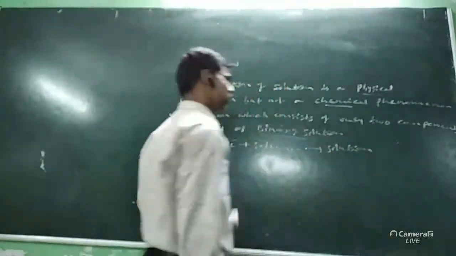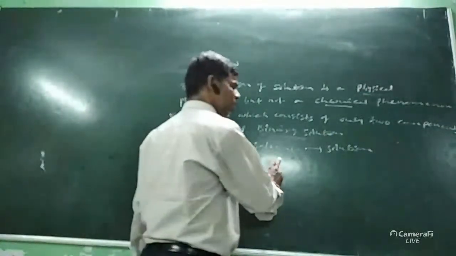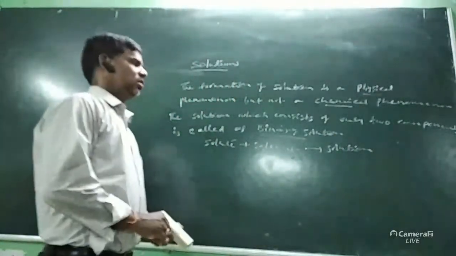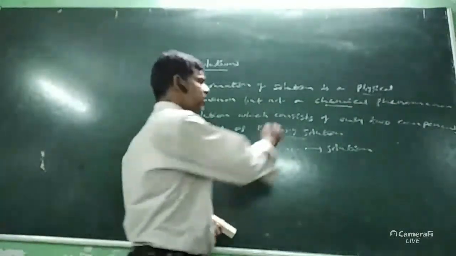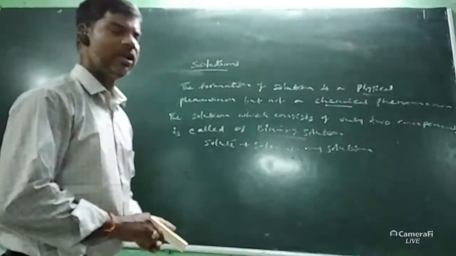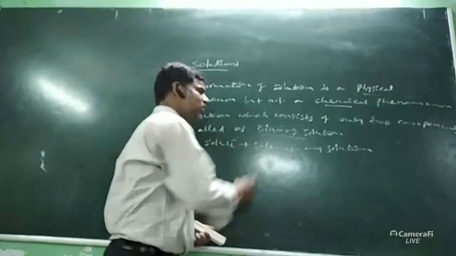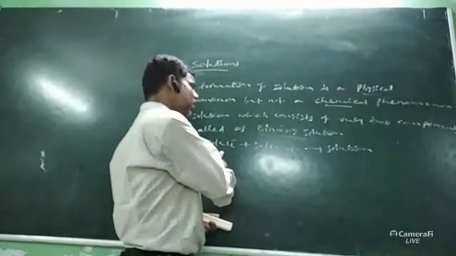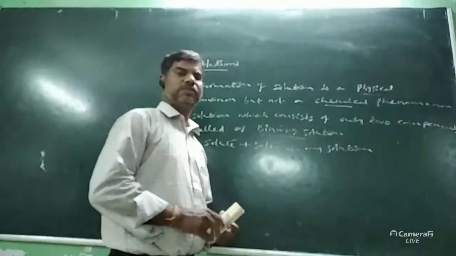Only one solute and only one solvent, that is nothing but a binary solution. The solution which consists of only two components is called a binary solution, and it contains solute plus solvent.